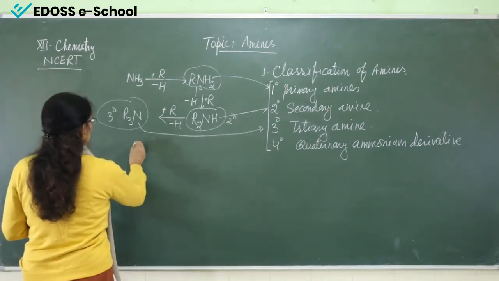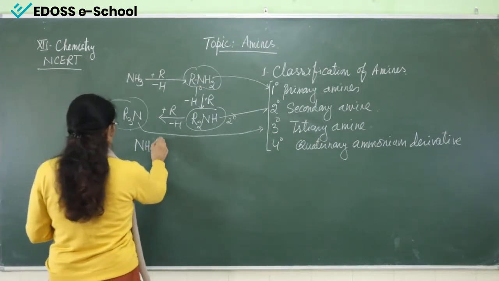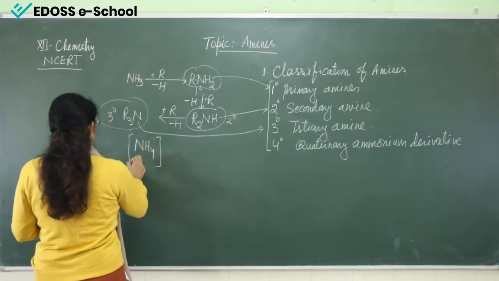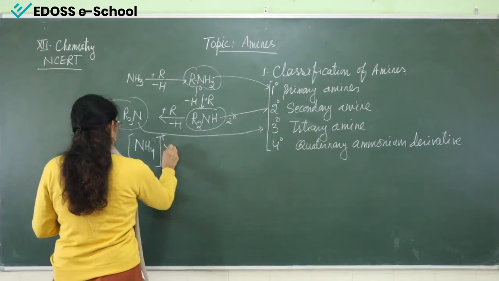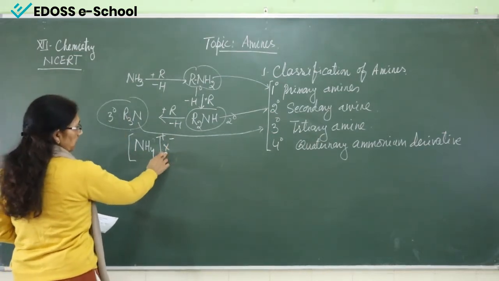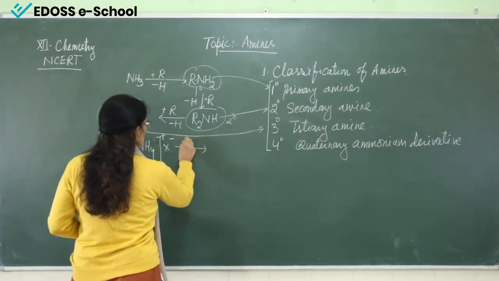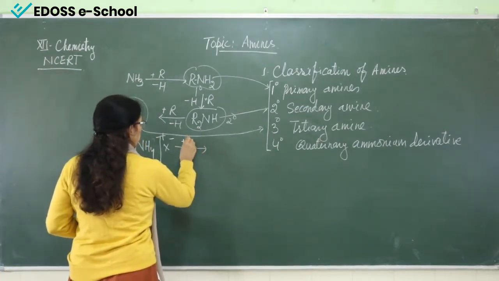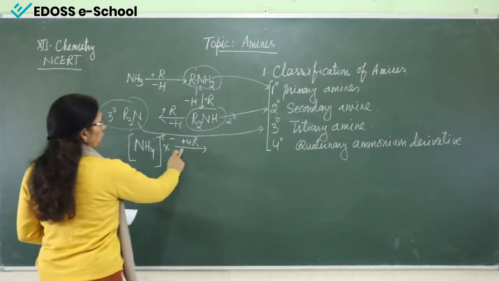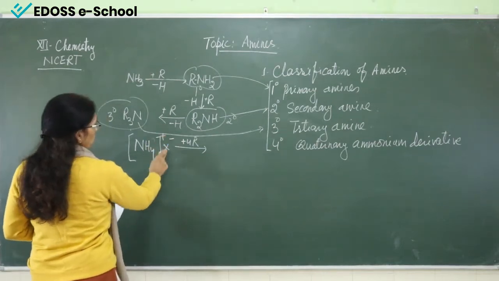First we have to take an ammonium salt, this is ammonium halide. This is ammonium chloride, it can be bromide, it can be iodide, and now we have to add 4 alkyl groups to this compound.